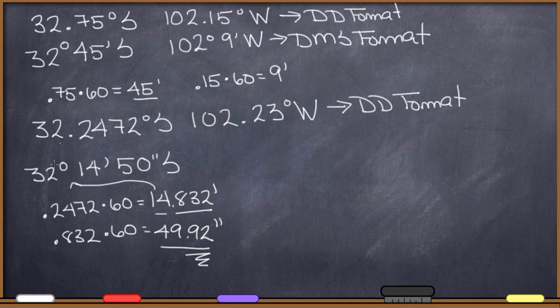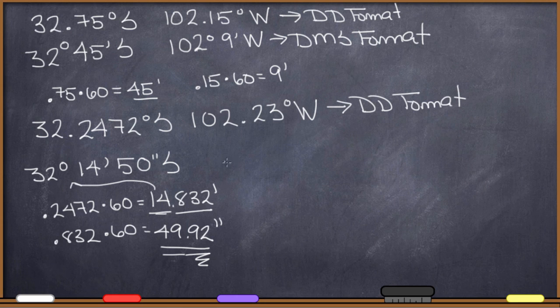So we took the whole number, brought it down, multiplied the decimal number by 60 to find out some number of minutes. We found out we had 14 whole minutes plus some fractional part of a minute, and then multiplied that to get exactly how many seconds were left, which is approximately 50 seconds.